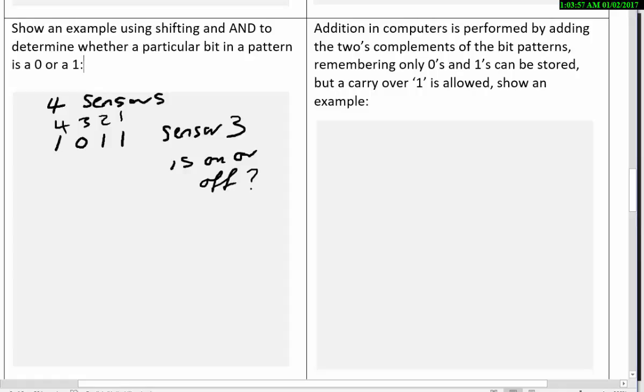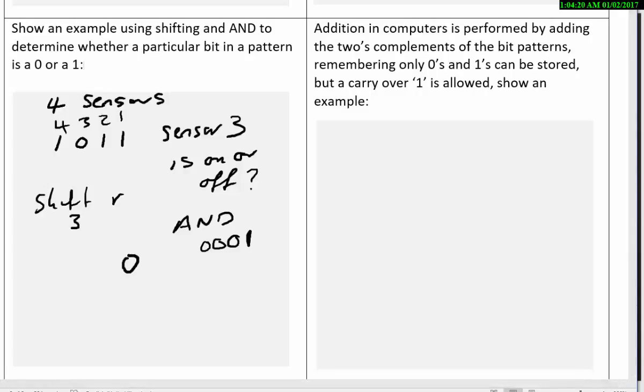what we can do is use AND. So making sure we use the AND operator there. We can shift right our third bit 3 times, so it ends up being here. It doesn't matter what the others are because we're now just looking at this one and we're ANDing it with this.